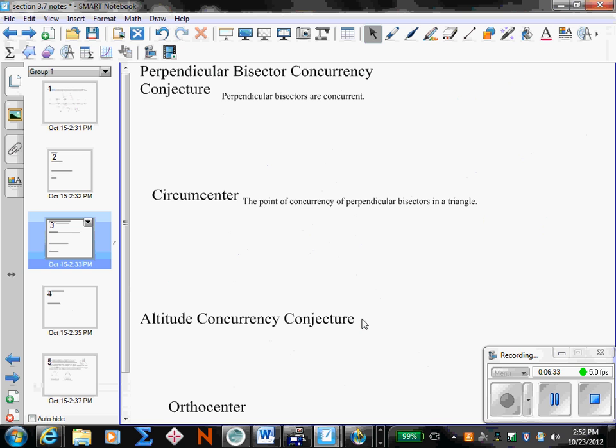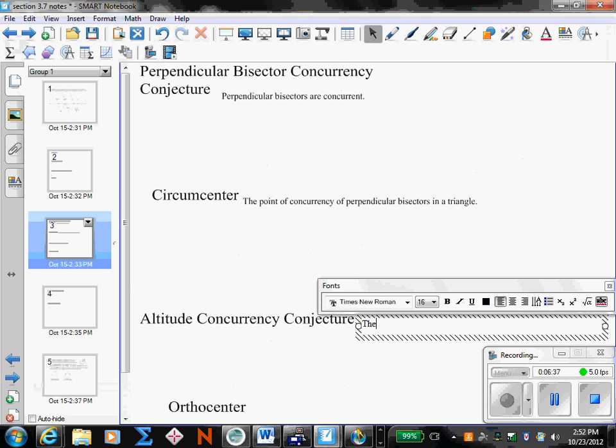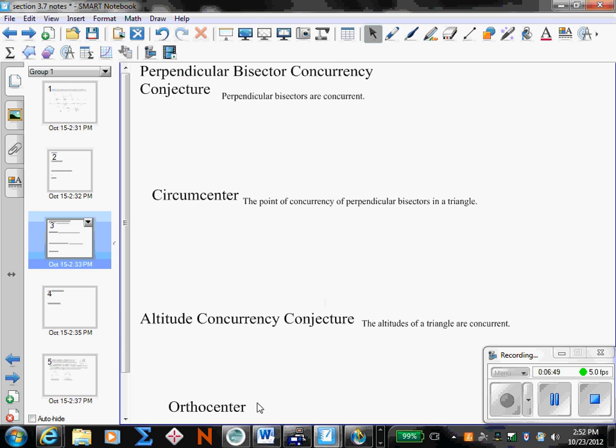The altitude concurrency conjecture. The altitudes of a triangle are concurrent. Their point of concurrency is called the orthocenter.